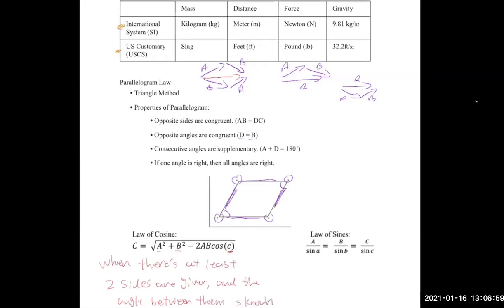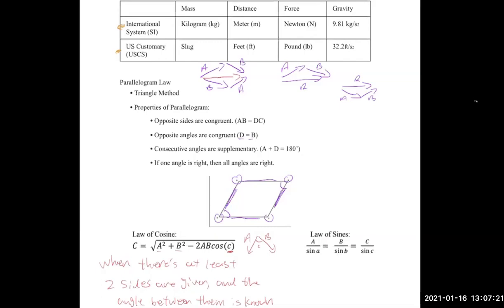So this is the condition when we use the law of cosines: at least two sides are known and we know the angle between those two sides. For example, if this is A and this is B, then we must know this angle C right here in order to use the law of cosines.